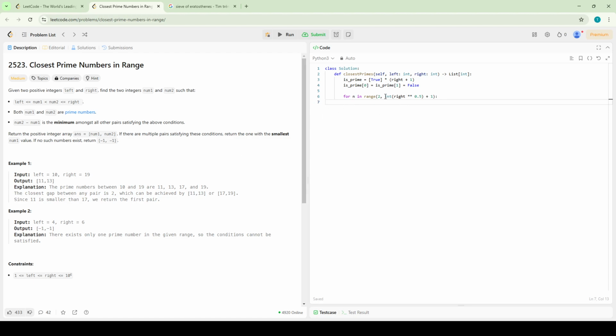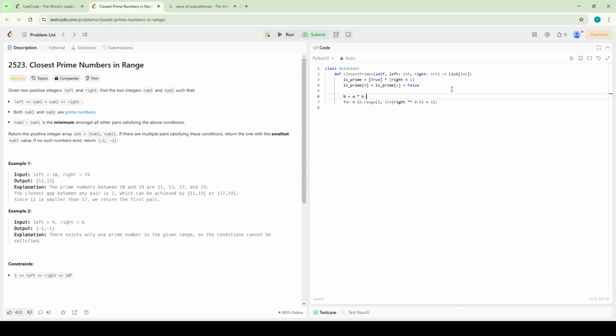We don't need to do a for loop up until the rightmost element, right? Why? Because, let's say that n is not a prime number and it can be written as a multiplied by b, right? These two can be prime or non-prime, composite numbers, and it basically has a prime factor.